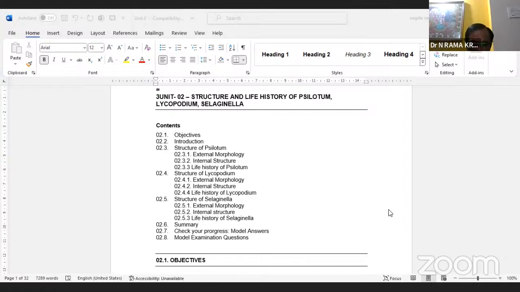For example, this is seen in the Equisetum plant. All the structures look like this, and we call it an ectophloic siphonostele.